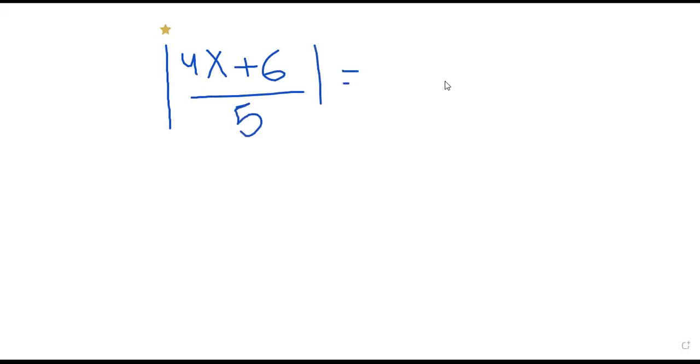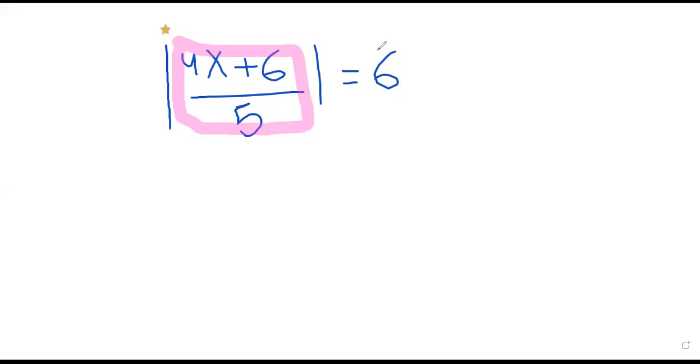What if we have the absolute value of (4x + 6) over 5 is equal to 6? As I said in the previous video, always concentrate on what is inside the absolute value.